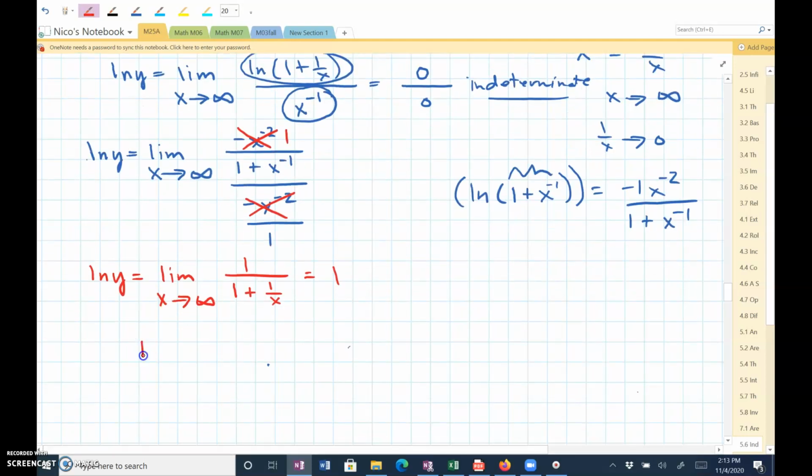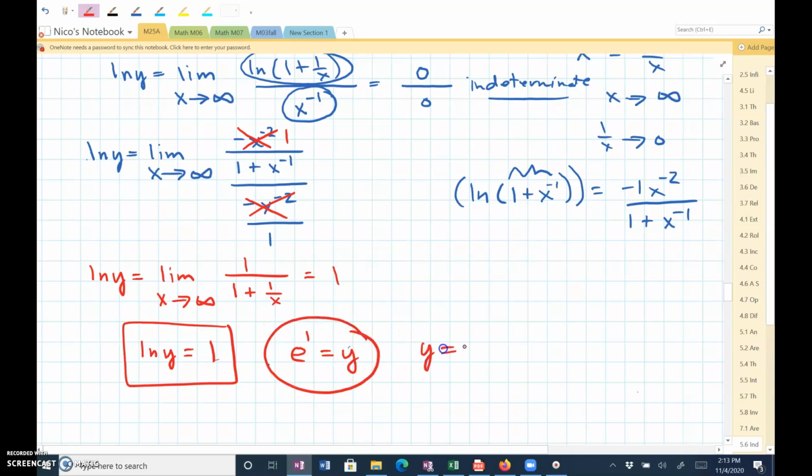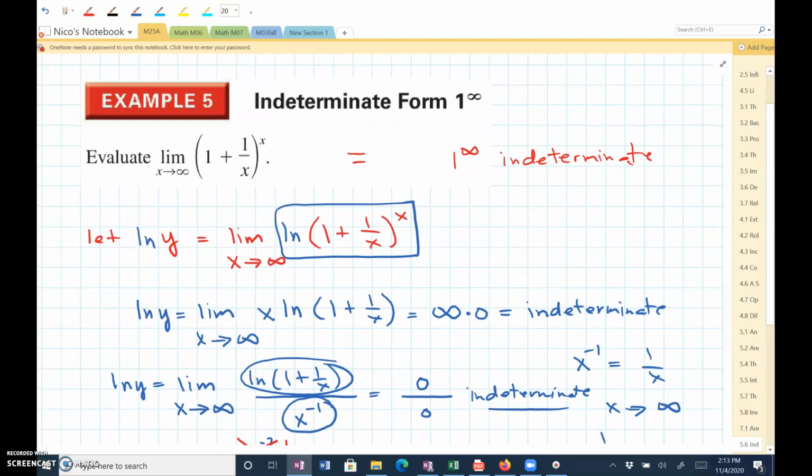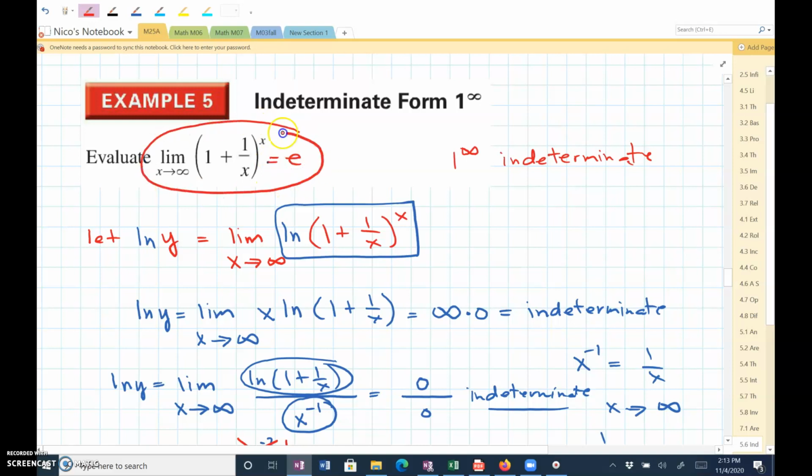So now we have the natural log of y equals 1. So this is in log form. To put in exponential form, the base is e, the exponent is 1, equals y. So y equals e. So this original limit here is e, which comes up quite a bit in mathematics.